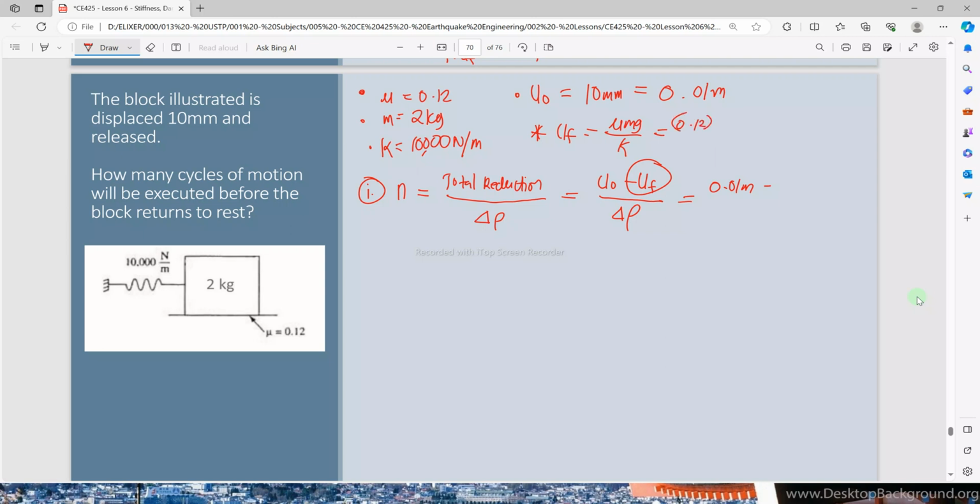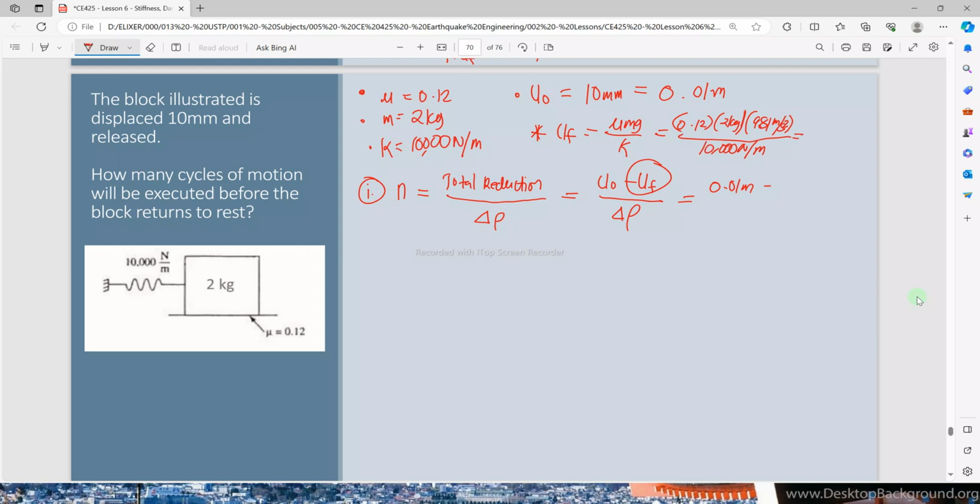You have 0.12 times the mass, 2 kilograms, times the gravitational acceleration, 9.81 meters per second squared, in SI units, over K, which is equal to 10,000 Newton per meter.